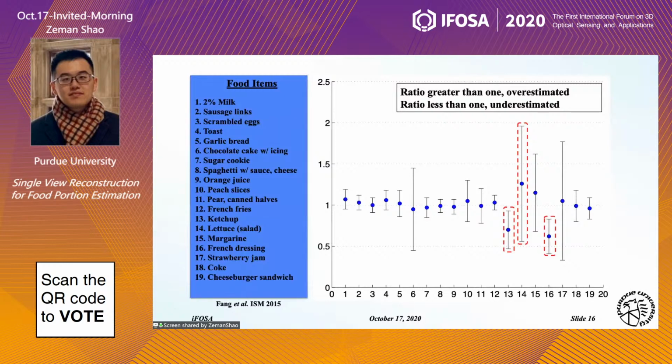Given the low energy density of lettuce, the error represents approximately 2 additional kilocalories. For the ketchup and the French dressing, the errors are due to the height estimated by the cylinder model.